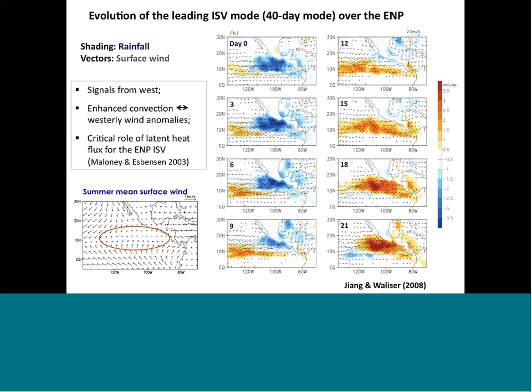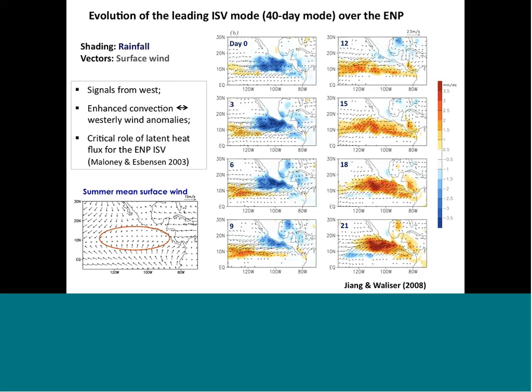So in this case, the southwesterly anomalies associated with enhanced convection will lead to enhancement of the total wind, then lead to the increase of the latent heat flux, which will further feed moist energy to the already active convection. So this provides a positive feedback.